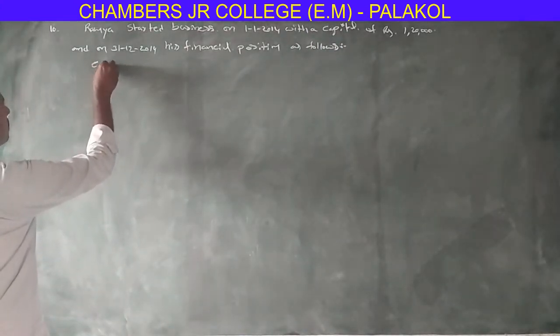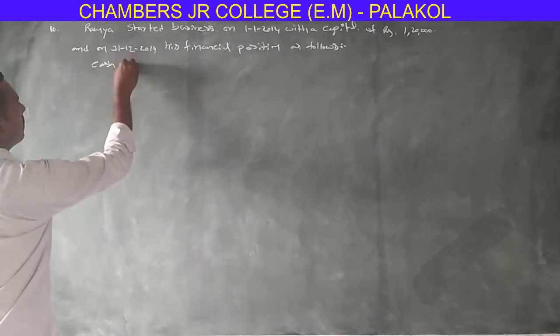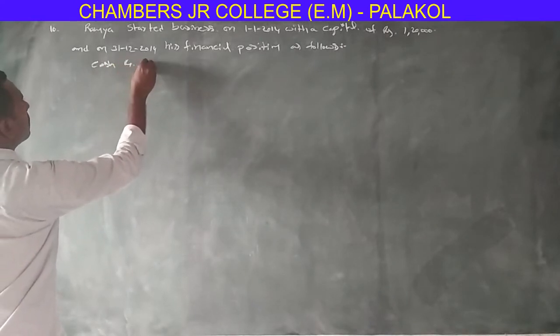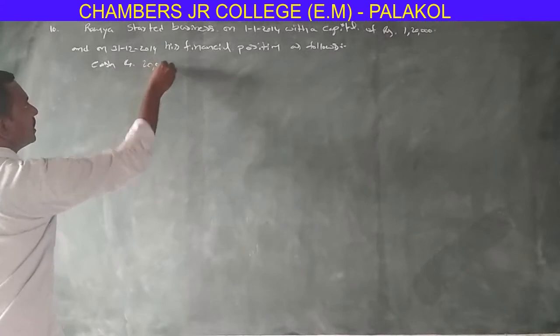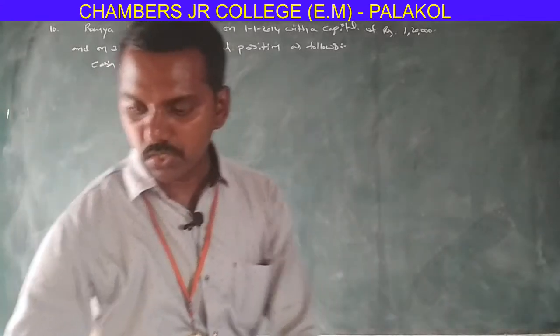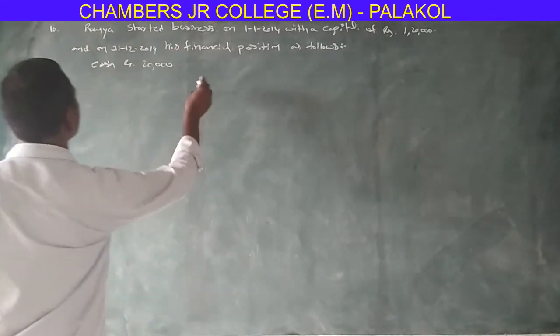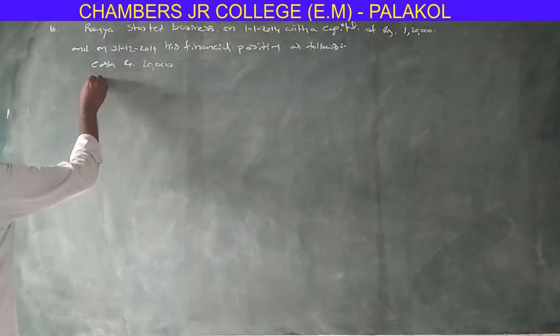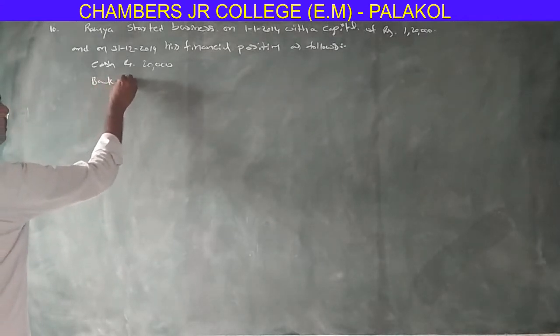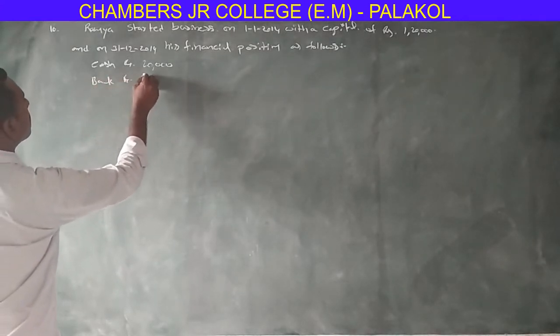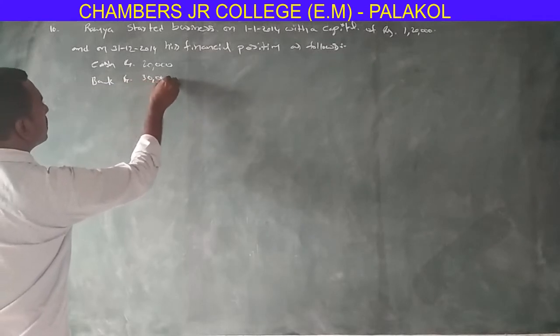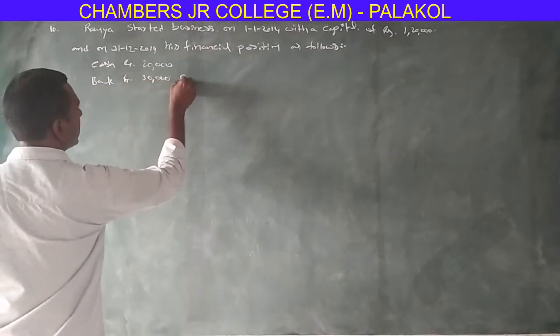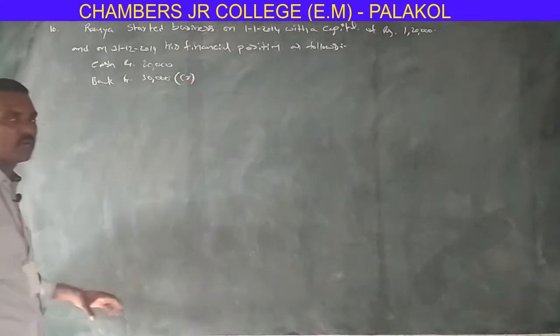Cash rupees 20,000. Bank rupees 30,000, in brackets credit. Credit means overdraft balance.